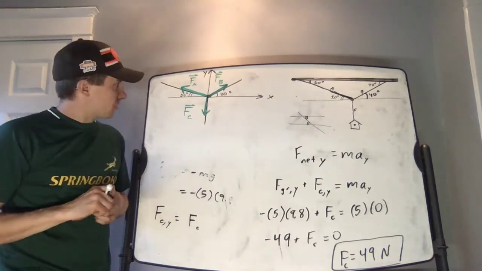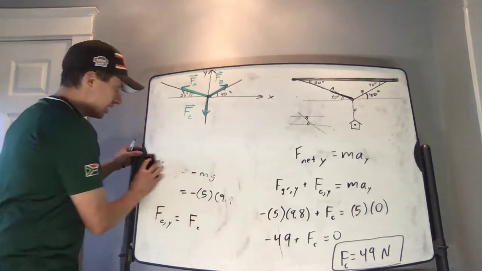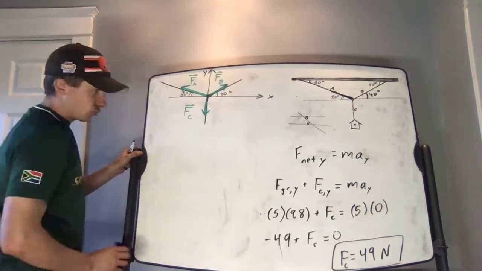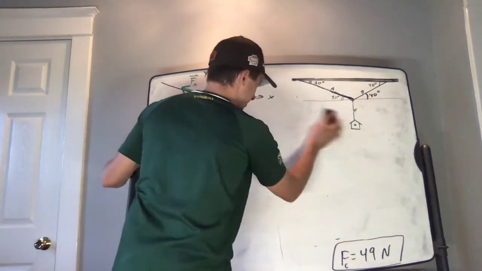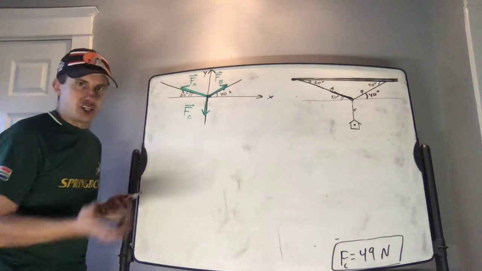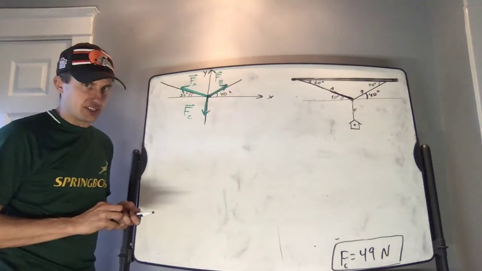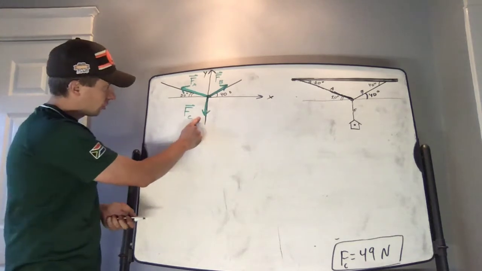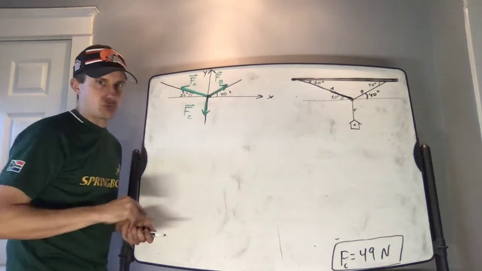Now, I'm going to break down all of these forces into their components. The first force I'm going to break into its components is the force of tension in cable C. The reason I'm going to do that force first is because it is going to be very easy to do. I look at the picture, I notice this force is not at all in the left-right direction.